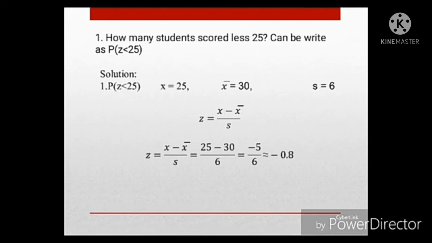After that, subtract 30 from 25. The answer is negative 5. Then divide negative 5 by 6. The answer is negative 0.8333 and so on, or approximately negative 0.8.